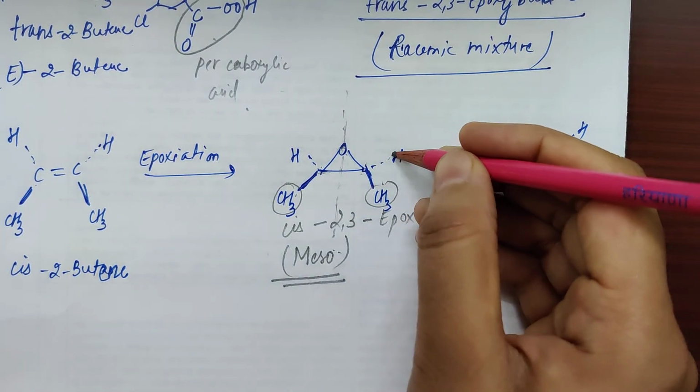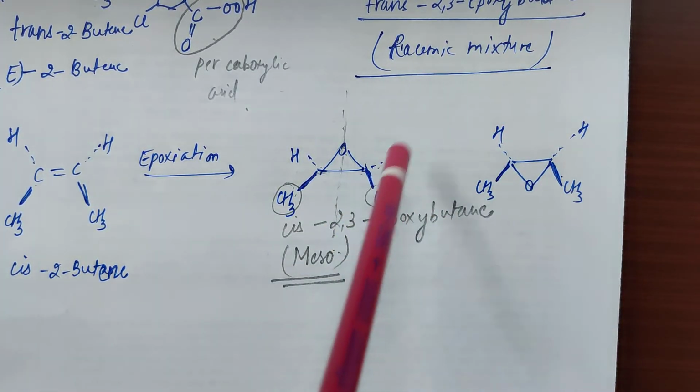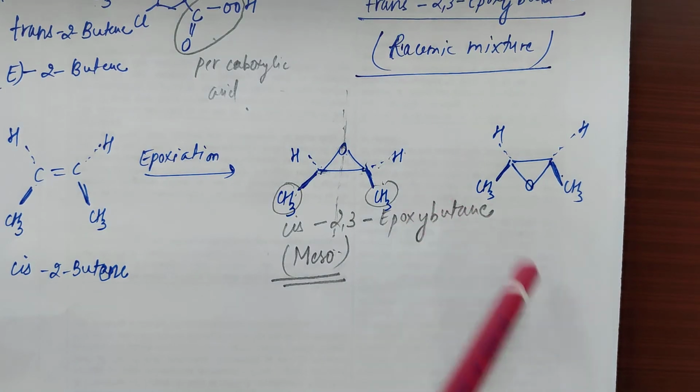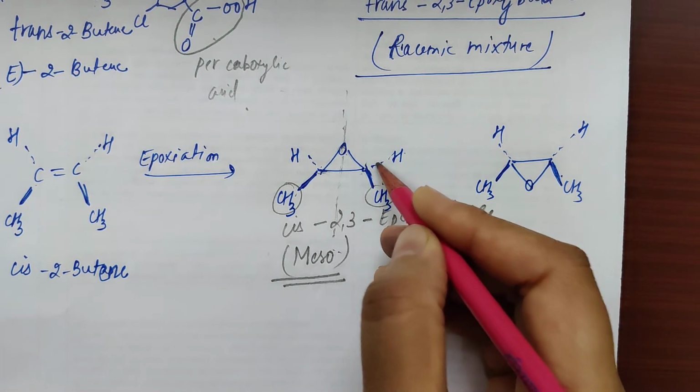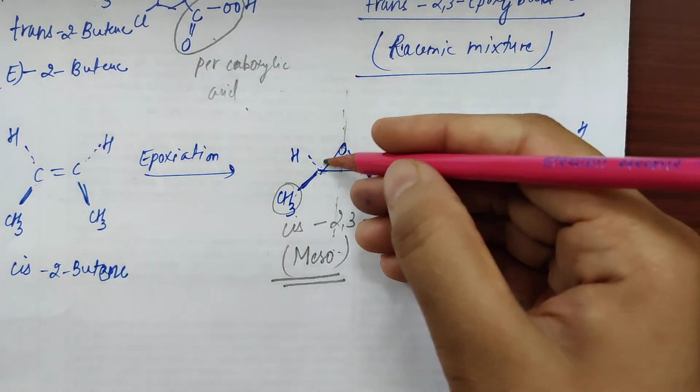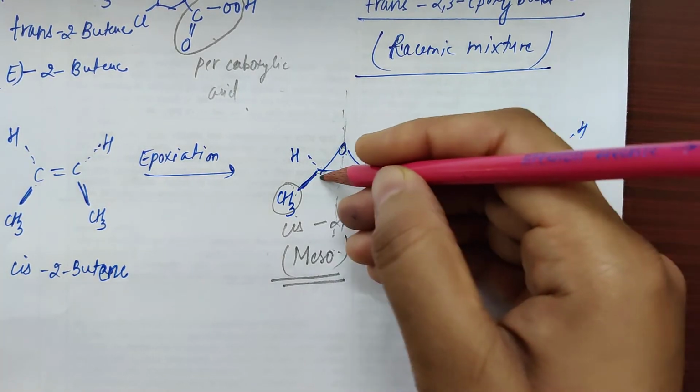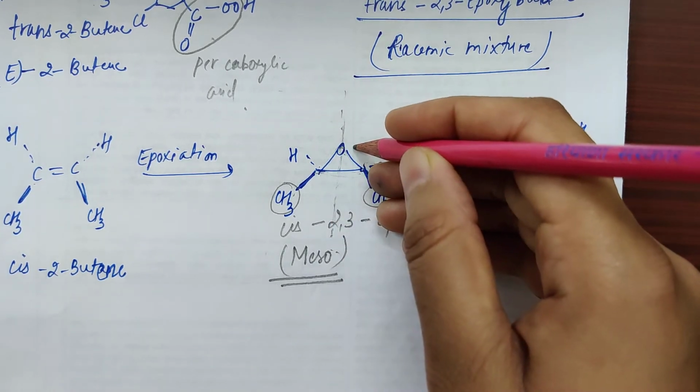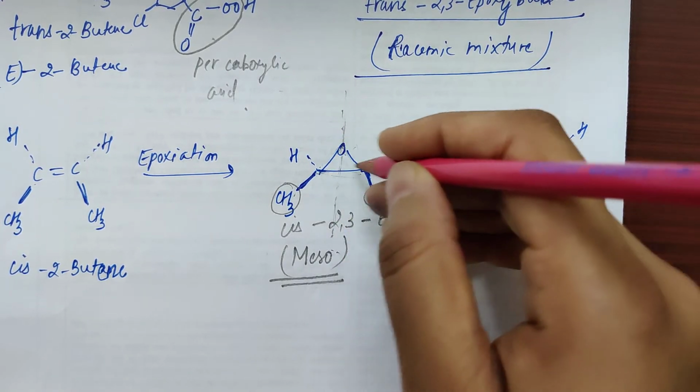And the hydrogens are actually below the plane of the paper. That's why we have drawn the dashed lines. Okay, now this is actually on the plane of the paper.